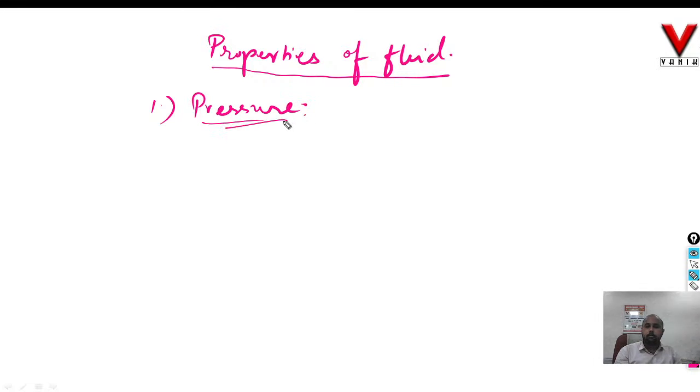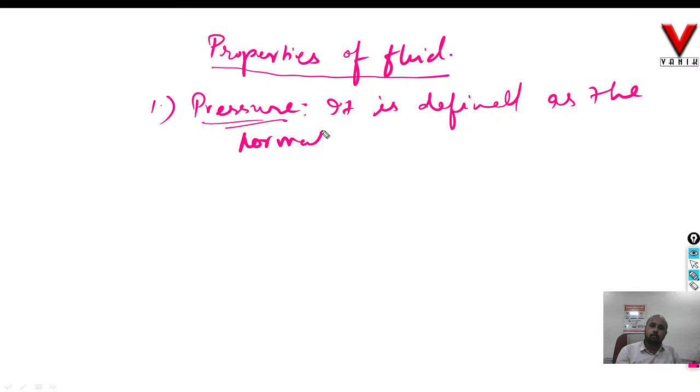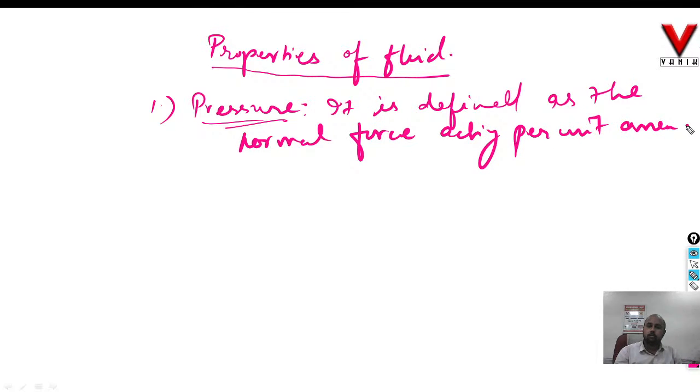So when we talk of pressure, it is defined as the normal force acting per unit area. This is the force per unit area, where F stands for normal force.